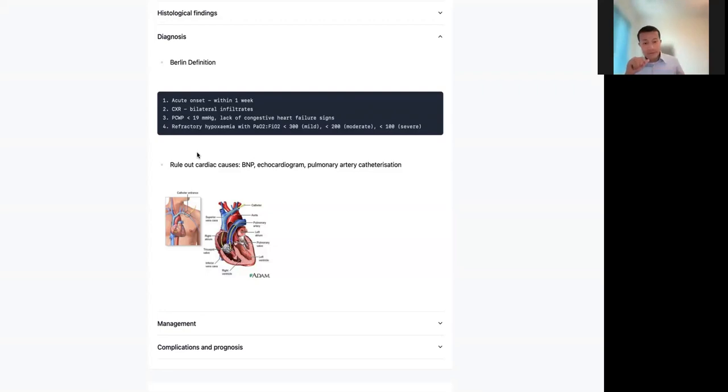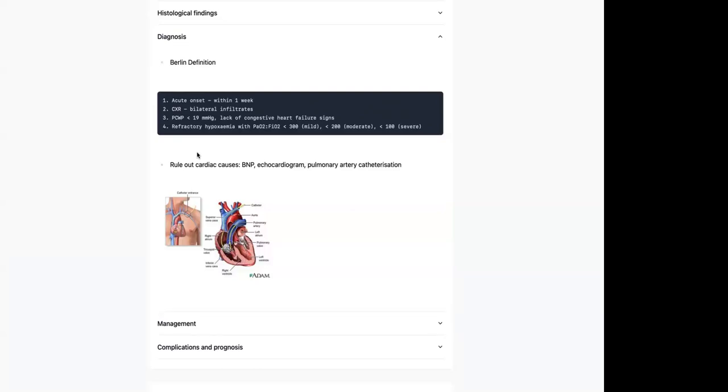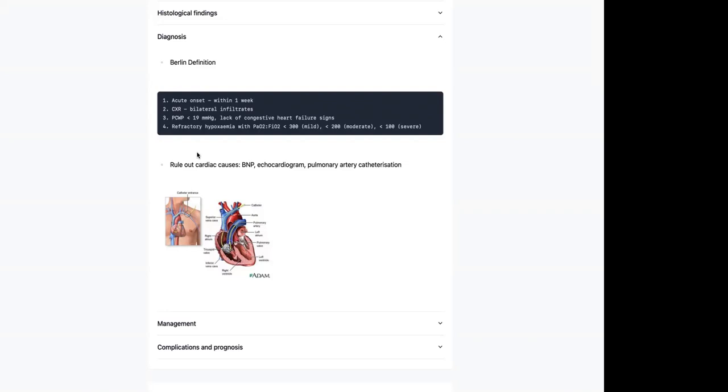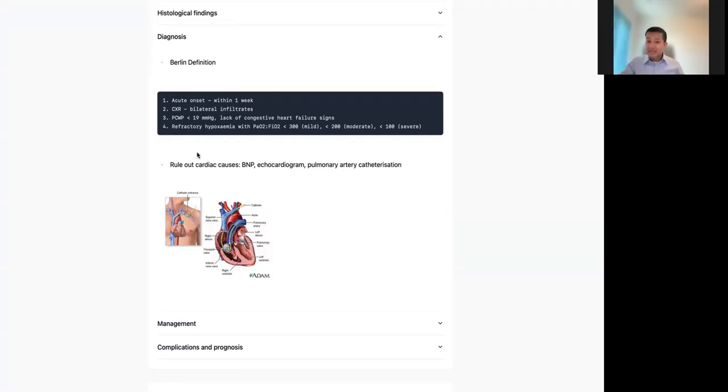Now, contractility, the rhythm. How can you know the contractility of the heart? By looking at the cardiac output. What will tell you the cardiac output? Swan-Ganz catheter will tell you the cardiac output.